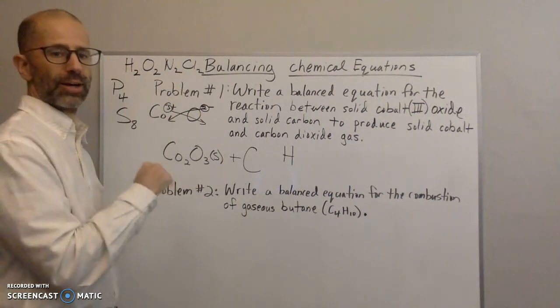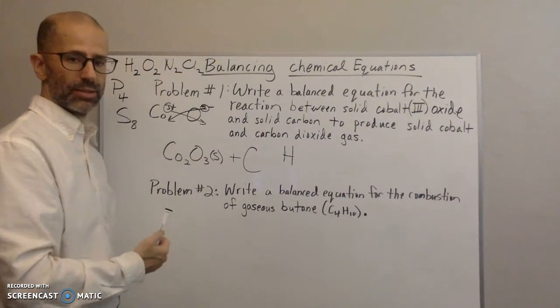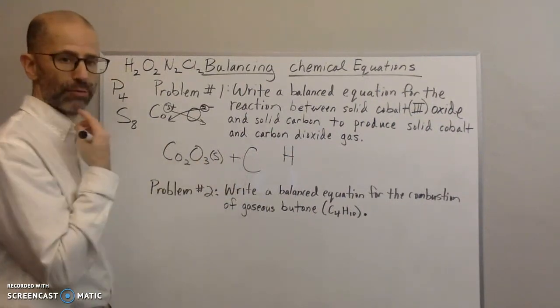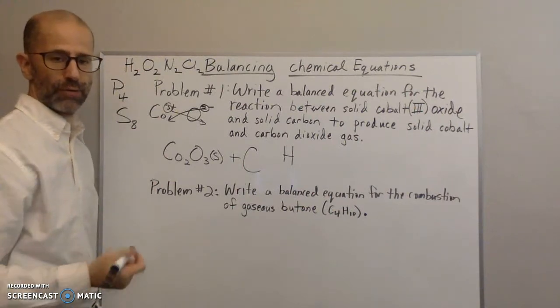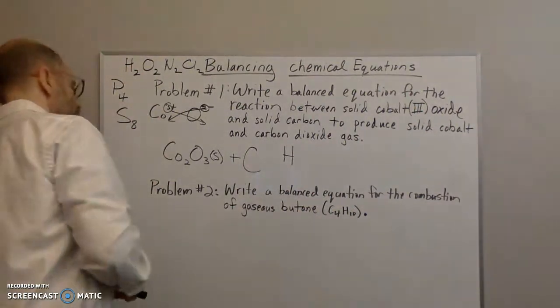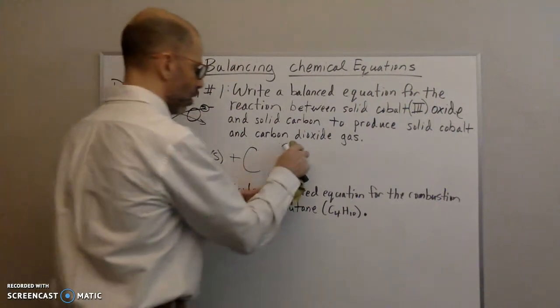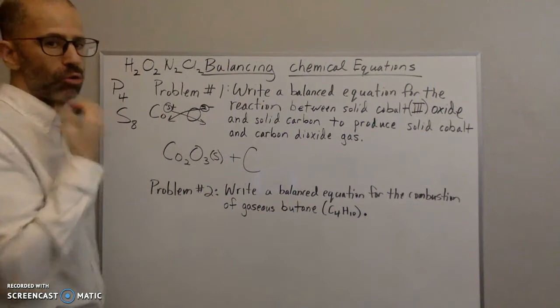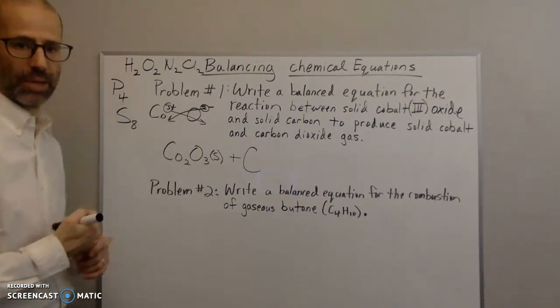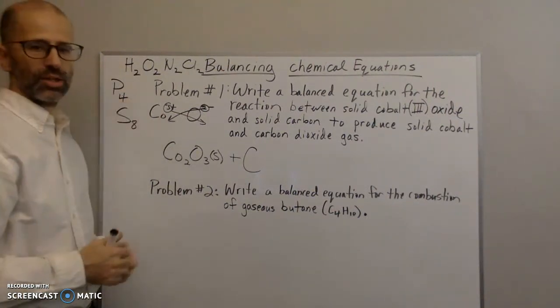Even if your equation is actually balanced, you're not going to have the right formula and you're not going to have the right reaction, and you're not going to get full credit. So make sure you know what the molecular elements are. There's only 9 of them: 7 diatomic, and then phosphorus, and then sulfur.